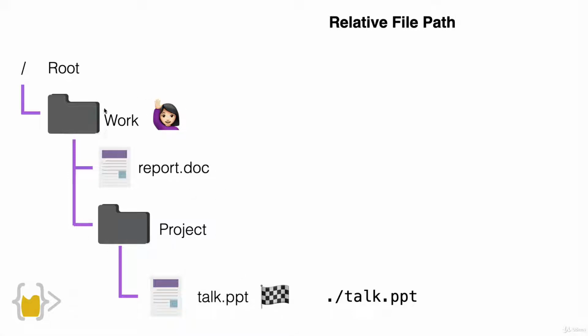Well, the absolute file path would not change for this file, but the relative file path would now be /project/talk.ppt. So we're walking from here to here to here. Now, what if we wanted to go upwards in the directory tree?